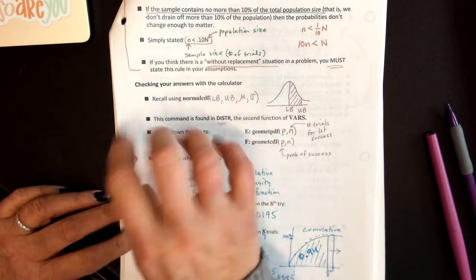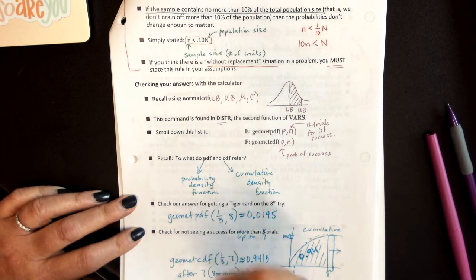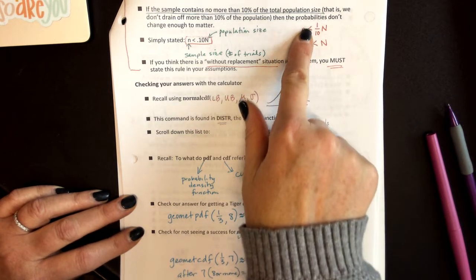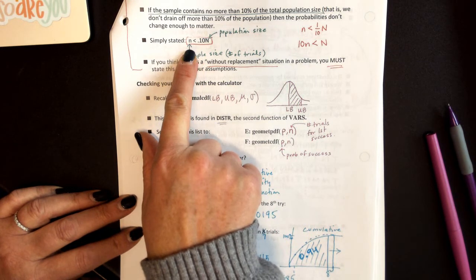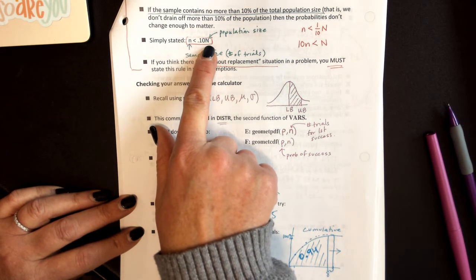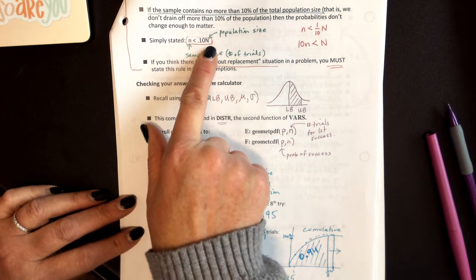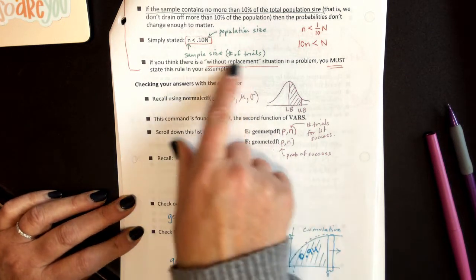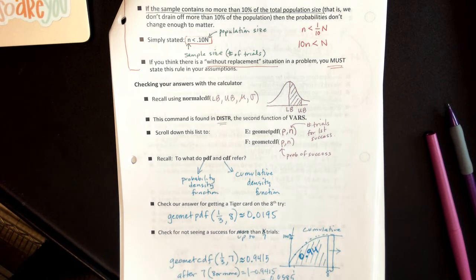So again, thinking of millions of cereal boxes on the shelf, and you are pulling one, it's really not non-replacement if these conditions are met. So if n is the sample size and capital N is the population size, as long as the sample size is less than 10% of the population size, you're good to go. So that would bypass that without replacement condition.